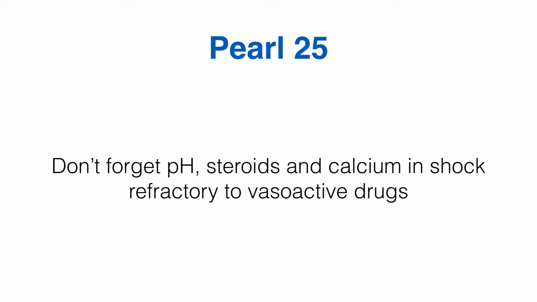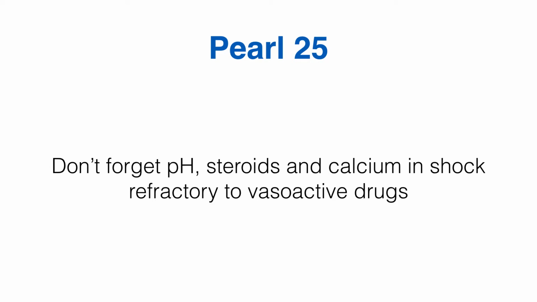A lot of these children have what's called relative adrenal insufficiency. Their adrenals are working overtime and producing lots of cortisol but just can't keep up with the demand. So generally when you've got shock resistant to fluid and vasoactive drugs, you should try to supplement them with some low dose steroids, and that's 1 milligram per kilogram of hydrocortisone 4 times a day, up to a maximum of 50 milligrams.